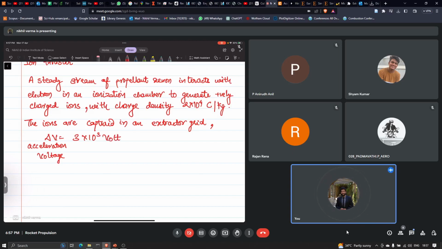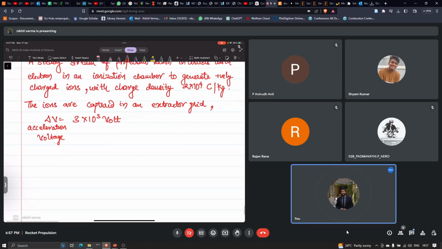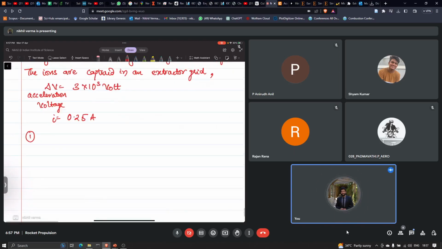Okay, the current due to the ions is given as 0.25 amperes. So what we have to find first is the exit velocity.